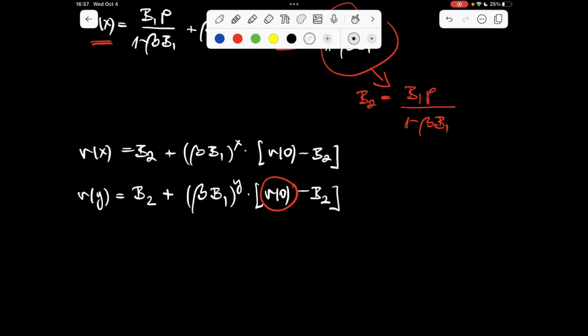And v0, we can expand, we know something about v0 because 0 is the level where the firm is supposed to place its order with some costs.